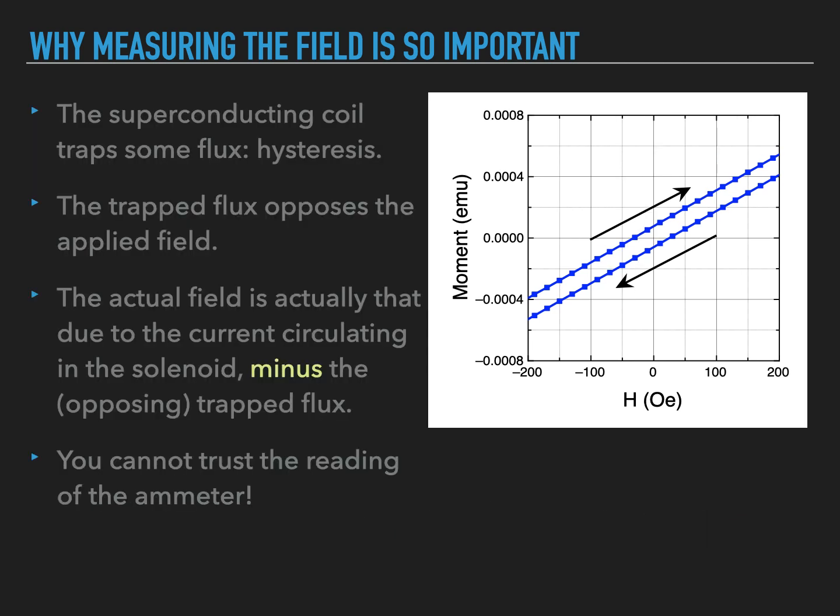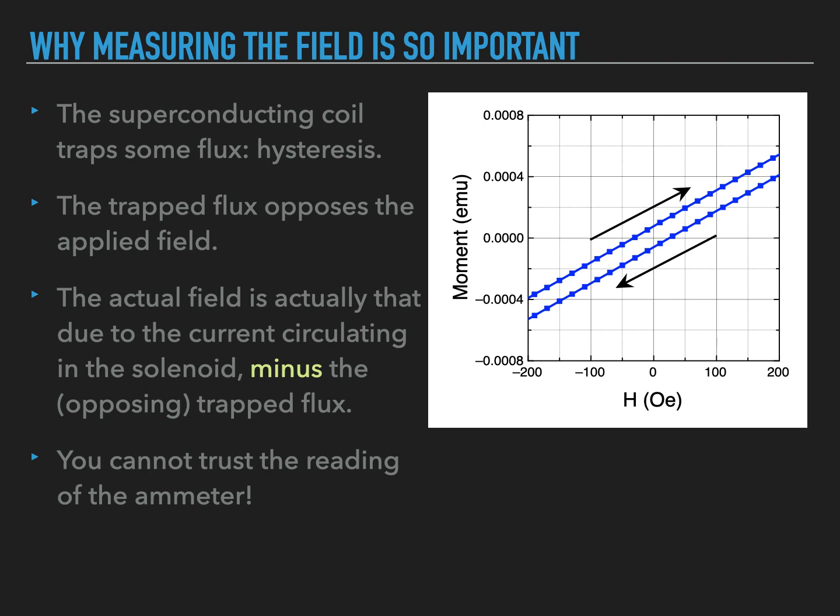The explanation is not in the palladium sample, which is paramagnetic and is doing perfectly its job. The explanation is in the superconducting coil, which unfortunately displays hysteresis. When you apply a current to the superconducting coil, it generates a certain magnetic field. But when you remove that current, a zero current measured by an ammeter does not mean that zero current is in fact circulating in the superconducting coil. It can trap flux that opposes the applied field.